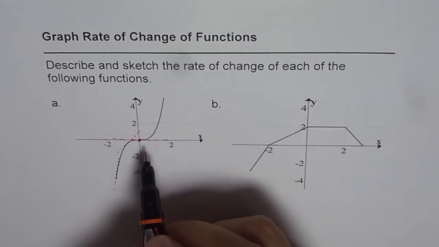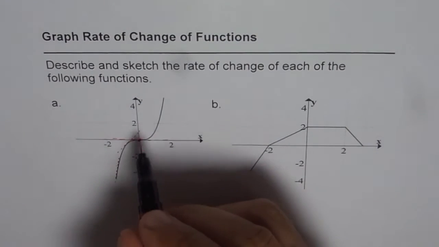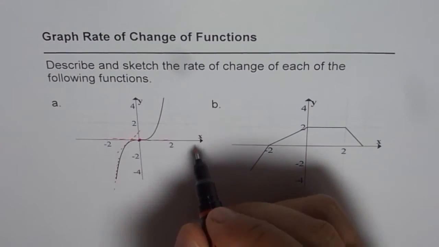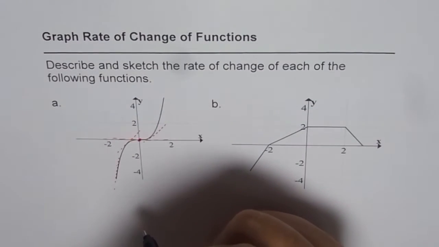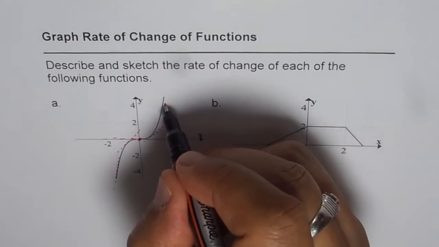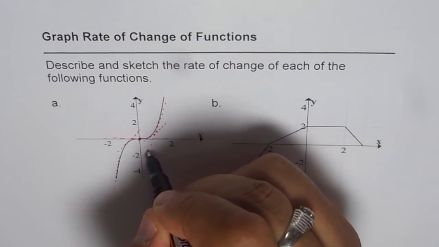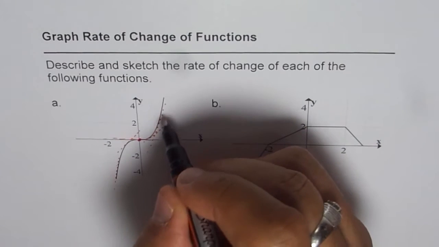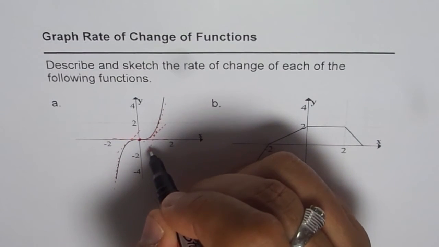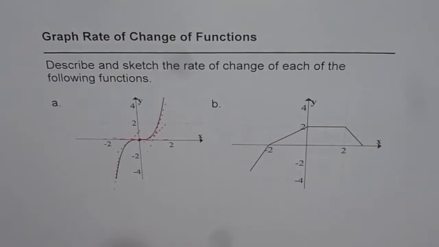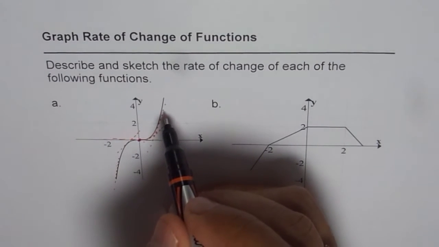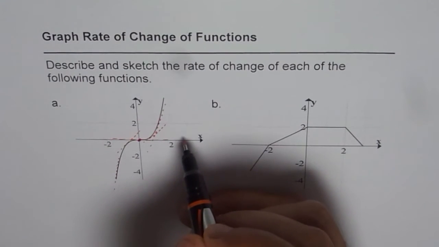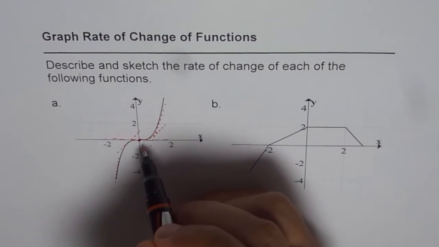On the other side, if the x value increases from 0 towards the positive side, then we observe that the slope is still positive as it was earlier, but as we move further away from origin, the tangent becomes steeper and steeper. That is to say that the slope becomes higher positive, right? So the rate of change increases at a much faster rate as we move away from the origin in both the cases, and it remains positive.